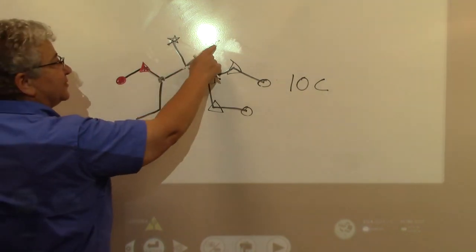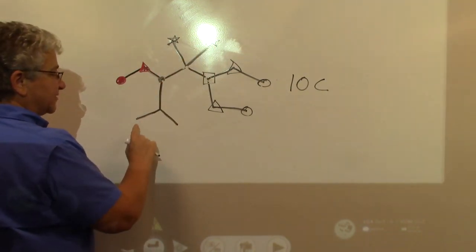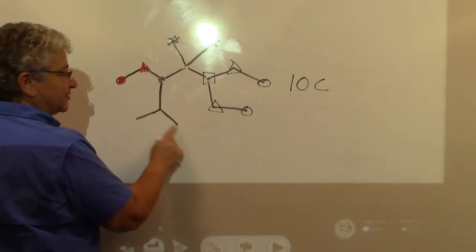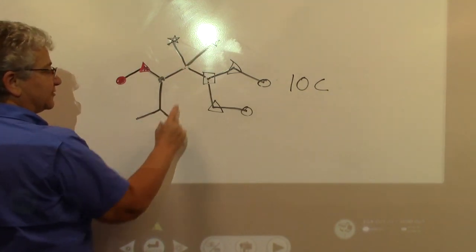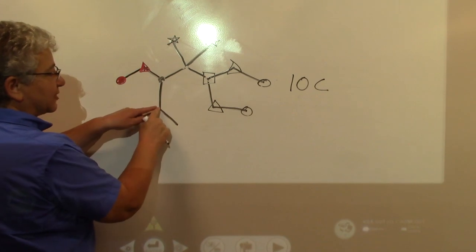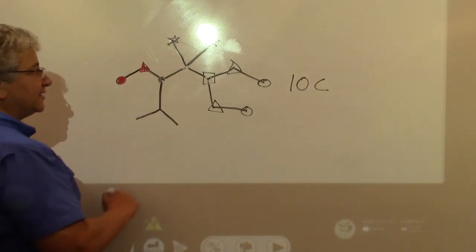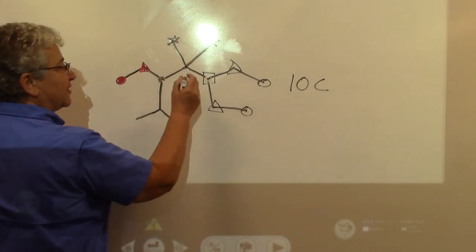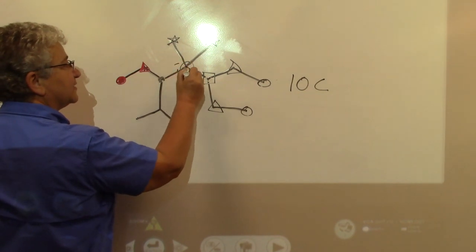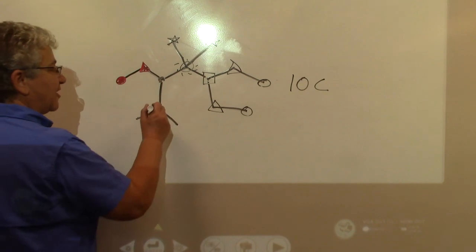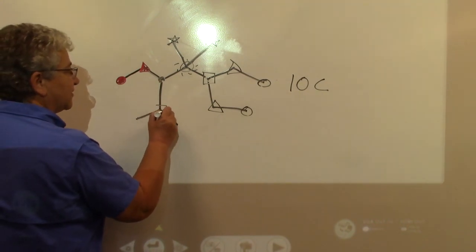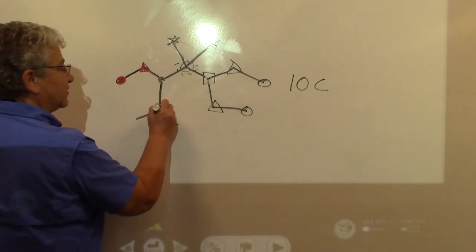And these 2 are different from these 2, because these two are bound to a carbon with no hydrogens, and these two are bound to a carbon with a hydrogen. So that makes this carbon, which will make a sun, different from this carbon, which will make a solid square.